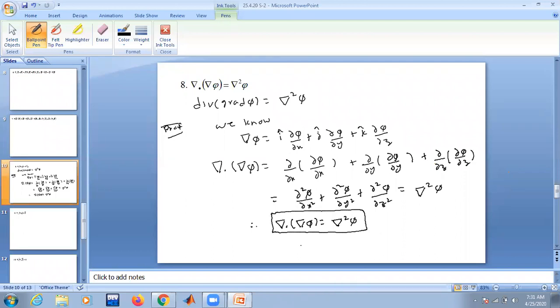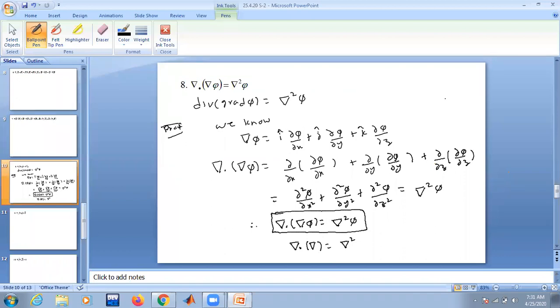Or you can say del dot of del equal to del square. It is not just del into del, it is del dot of del. The in-between operation is the composition mapping, something like f of g; f of g, we are simply writing it as fg. Okay, so this is the result.